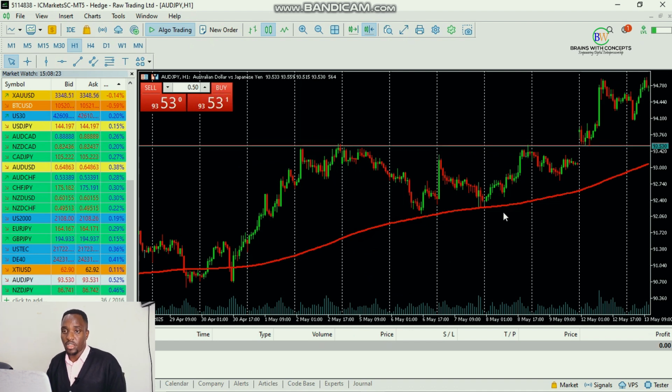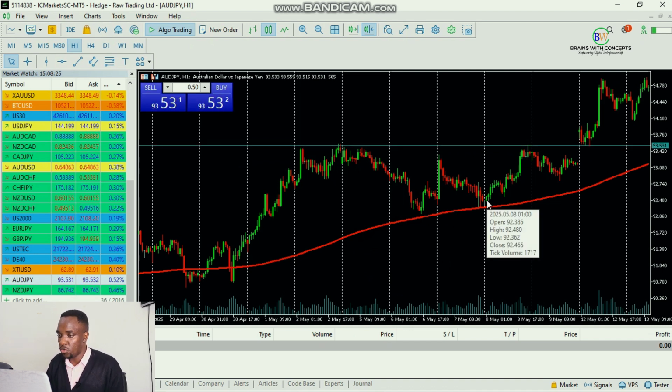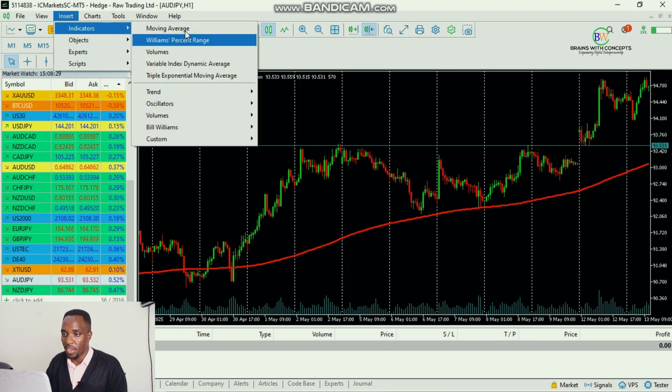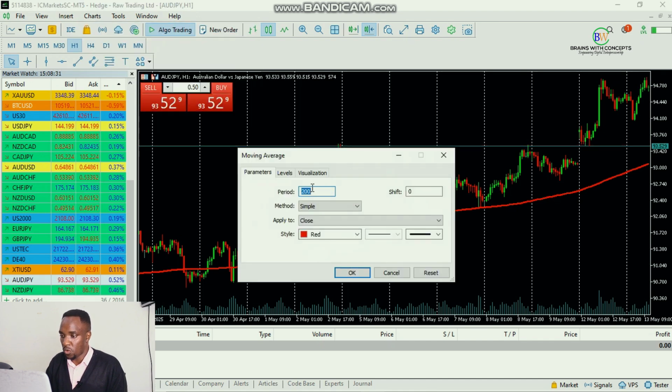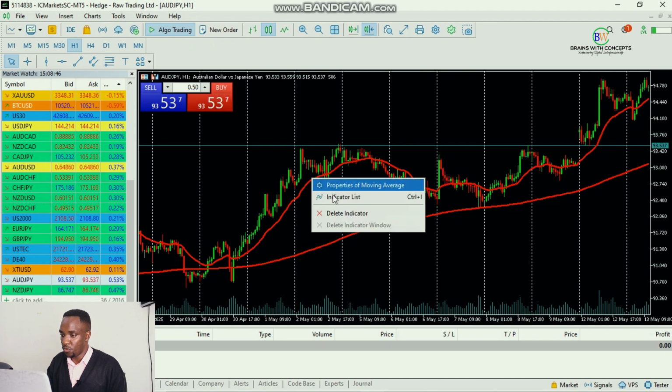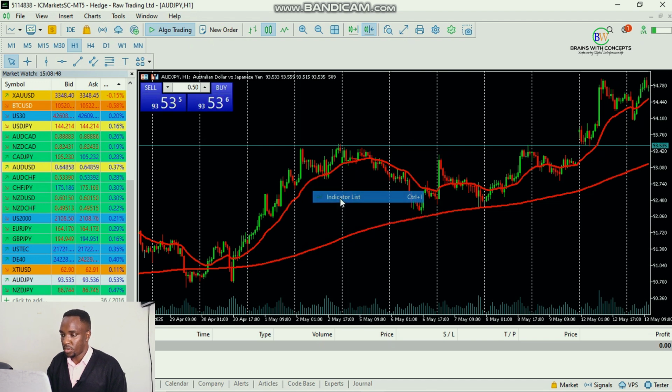Now the next indicator that I want to add is a 21 exponential moving average. Let me add it on my chart, and let me change the color so that it will be easier for us to differentiate.